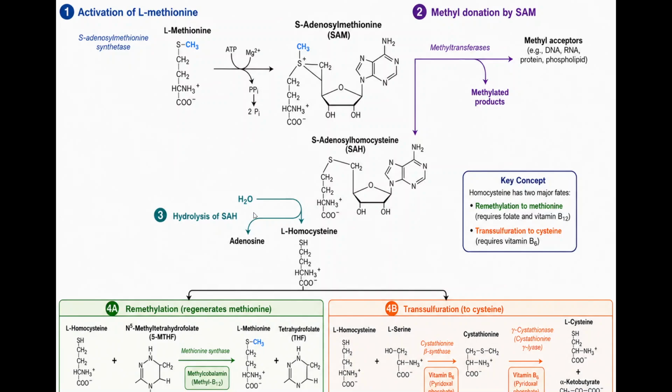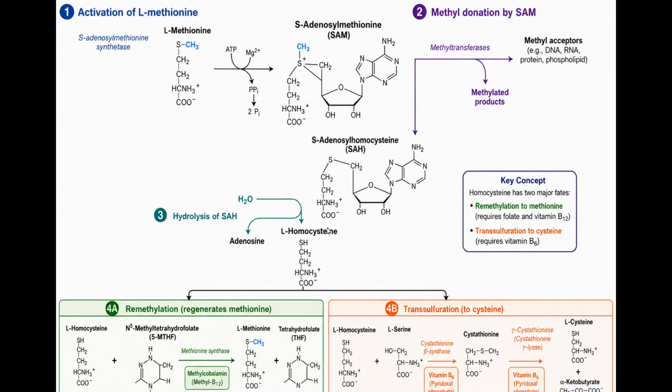Homocysteine is very harmful. The body will try to get rid of it, and there are two possible ways: either by returning the methyl group to it, remethylation to form methionine depending on the need of the cells, and to do that it requires B12, or we can do a transsulfuration.